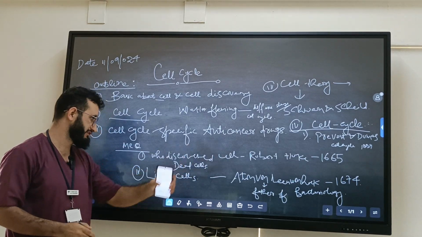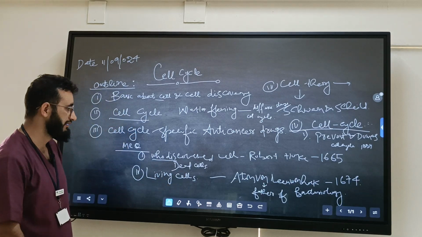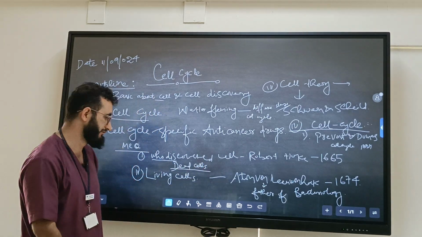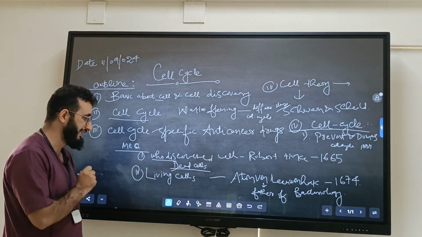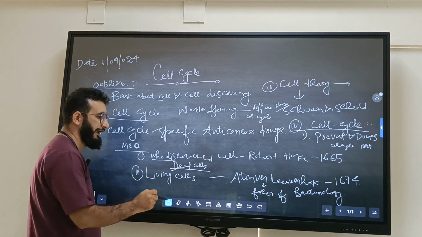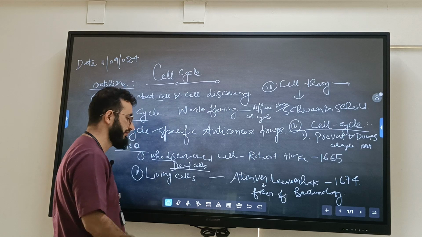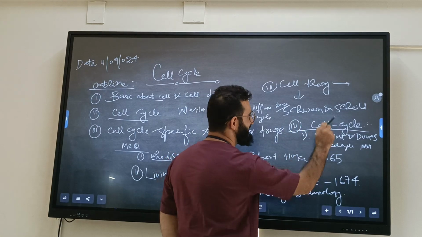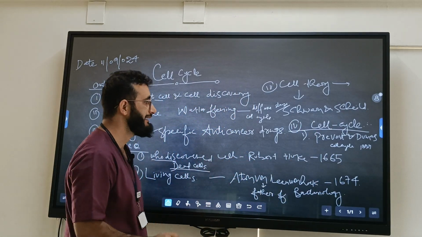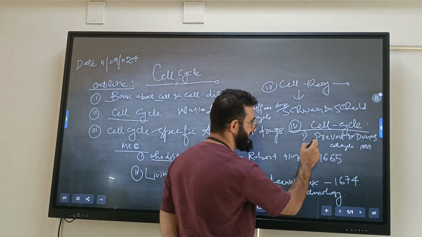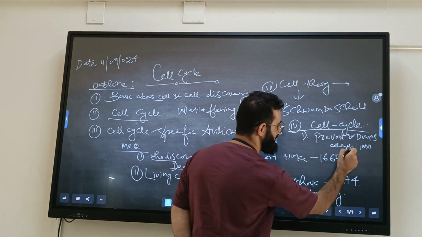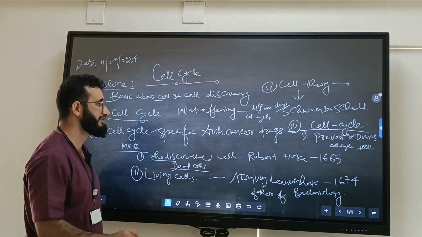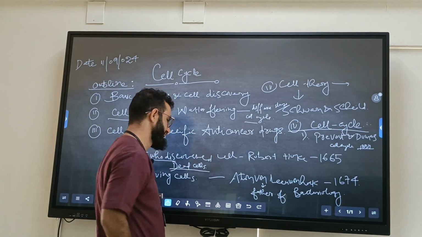First, the discovery of the cell was done by Robert Hooke, but he discovered dead cells. Second, living cells were discovered by Anton von Leeuwenhoek. Third, cell theory was given by Schwann and Schleiden. Fourth, the cell cycle was described by Prevost and Dumas in 1824, but Walter Fleming was the first person to describe the different stages of the cell cycle.